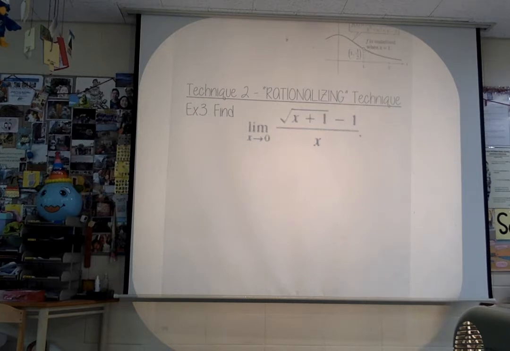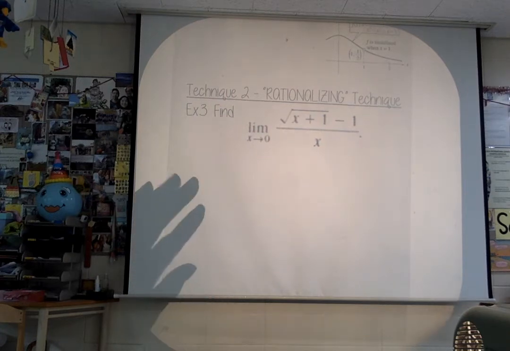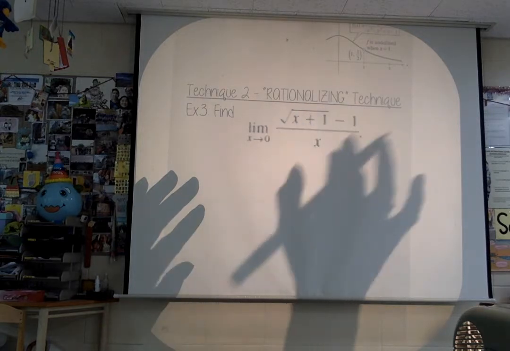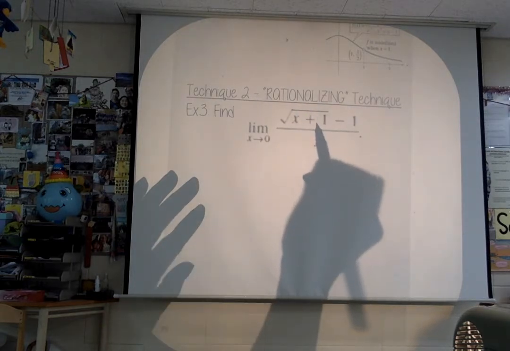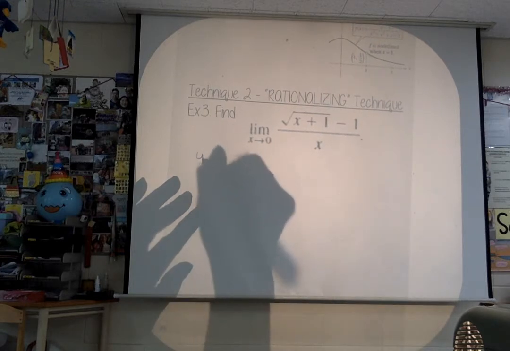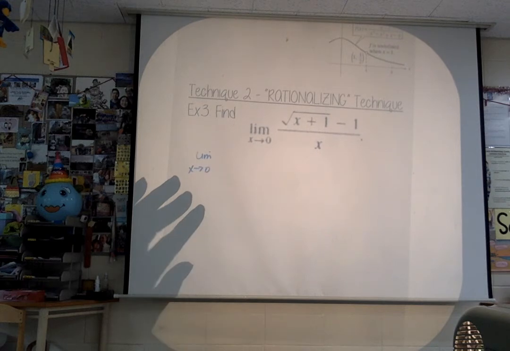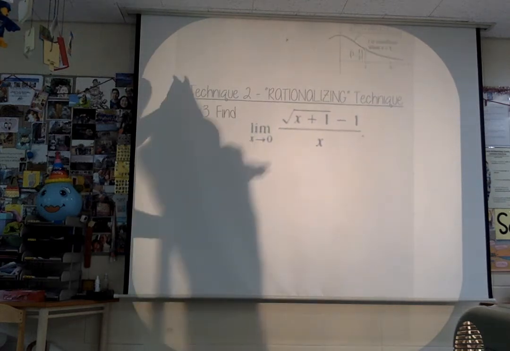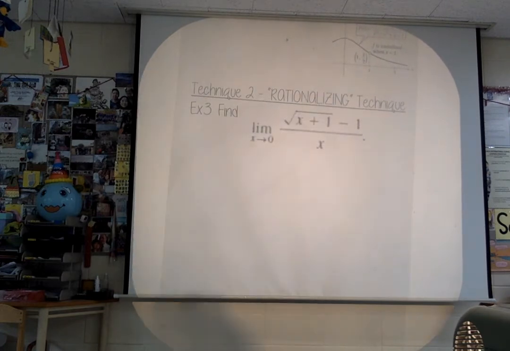Now, this method is called the rationalizing technique, so here's what you do first, okay? All right, we're ready to start. So this is weird, because the radical is on the numerator, right? So here's what you do. You're going to take this one, limit as x approaches 0. Let's do it this way.